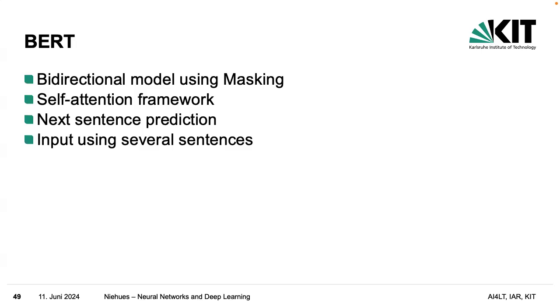The interesting thing is that it does not only do this masking, we can combine it with other types of losses. For example, typically people also trained it with next sentence prediction, where you put in two sentences and then do the classification task we had before, saying, are these two sentences that follow each other, or are they two random sentences we just put in here?